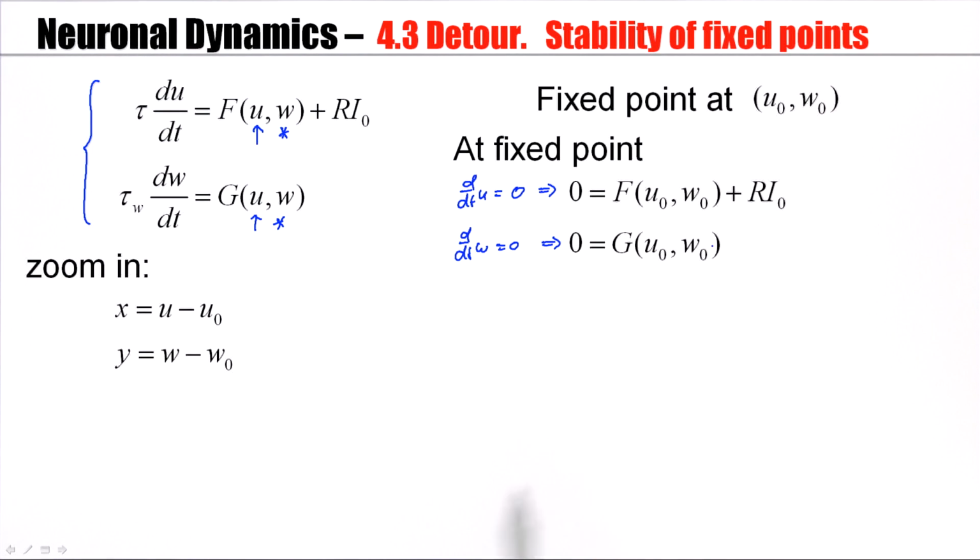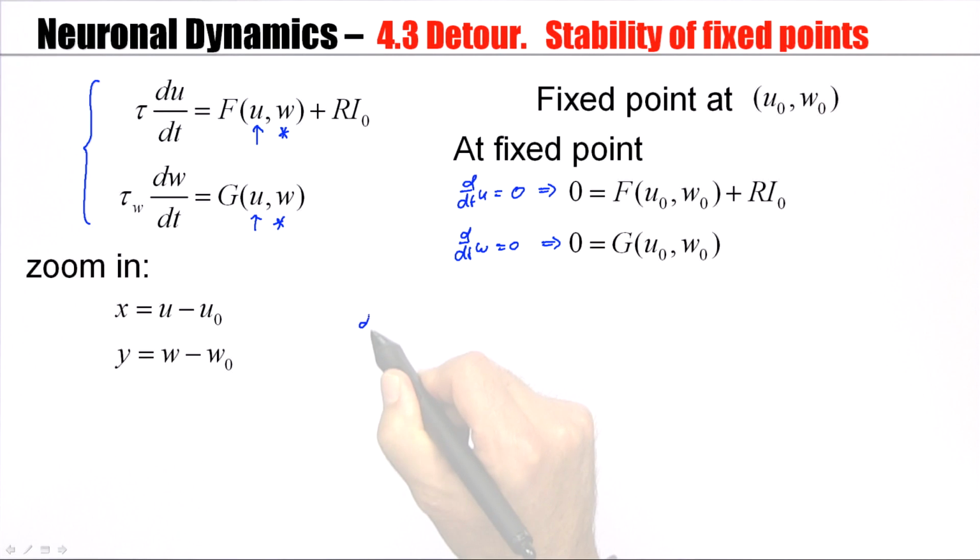Now let's look in the close neighborhood of the fixed point. The fixed point is at u0. X is a small distance from u0. Y is a small distance from w0. Now let's look at the change of x.